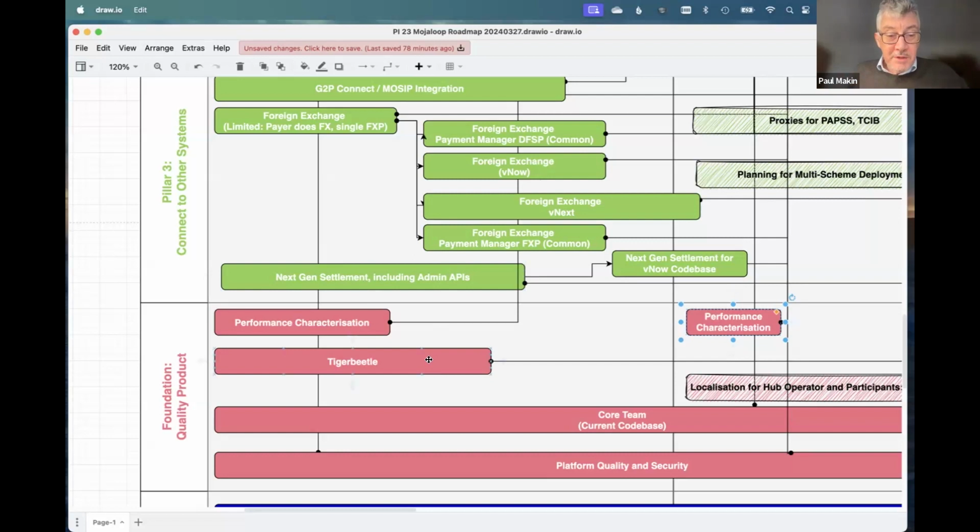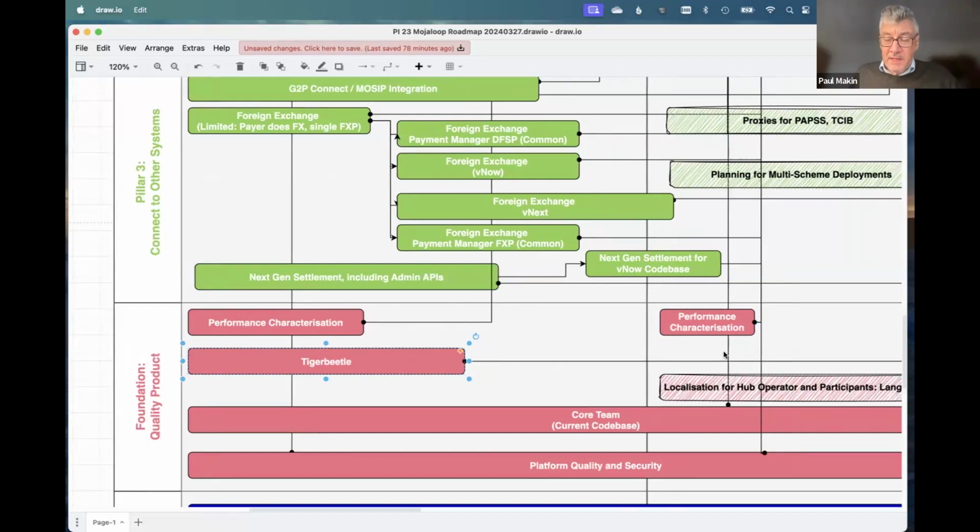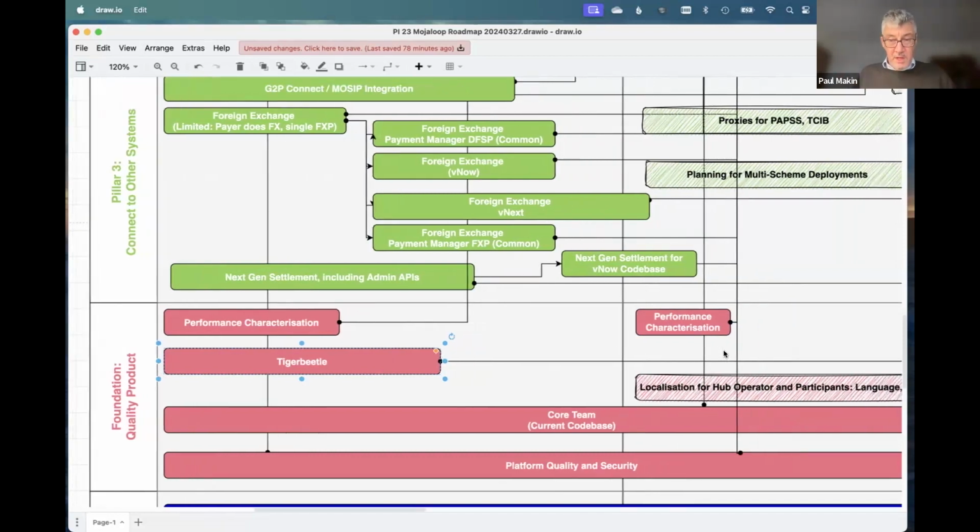You've seen the very impressive presentation for Tiger Beetle. We don't quite know when that work is going to be incorporated into certainly the VNow code base and later on the VNext code base. But it is a priority for us, and sorry, I should have mentioned here, Next Gen Settlement is closely allied with Tiger Beetle, so I apologize, I got them confused there.